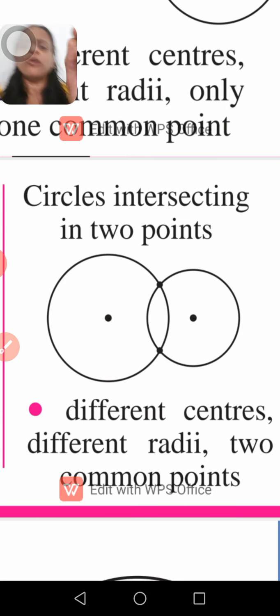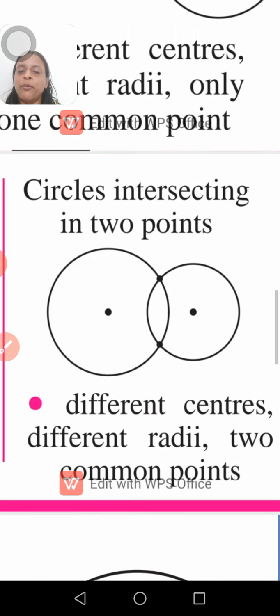I hope some of you, girls and boys also, in your childhood days, broke glass bangle pieces and kept them in a chain. Can you remember? It is somewhat a figure like this. It's not actually circles, but somewhat like this intersecting section. Different centers, different radii, two common points.